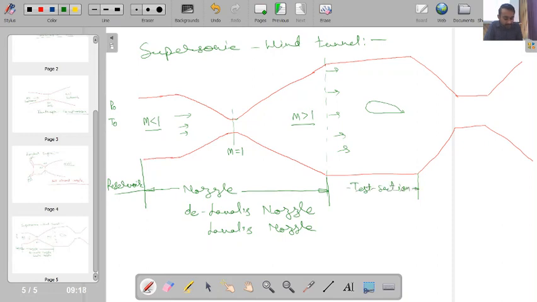Is this point clear? Now if at this point my velocity is very high, and I exhaust the fluid, say this is my fluid which is flowing, to the atmosphere at very high velocity, can you tell me what will happen? Across, if I take my wind tunnel only up to this point, what will be happening?